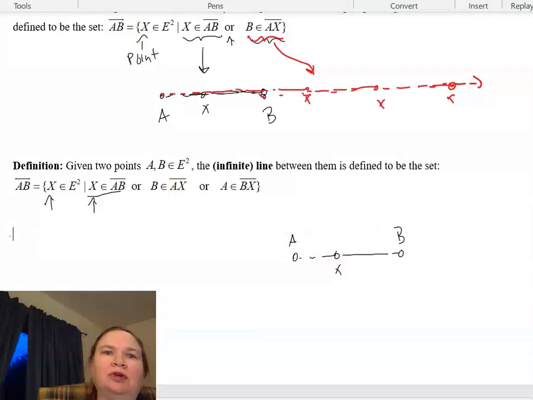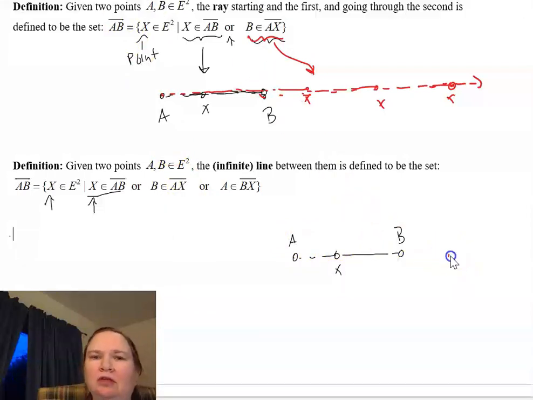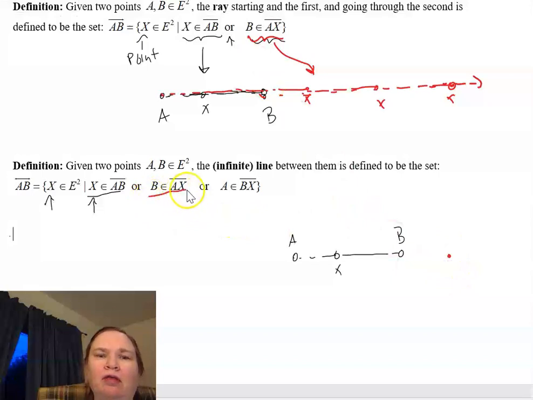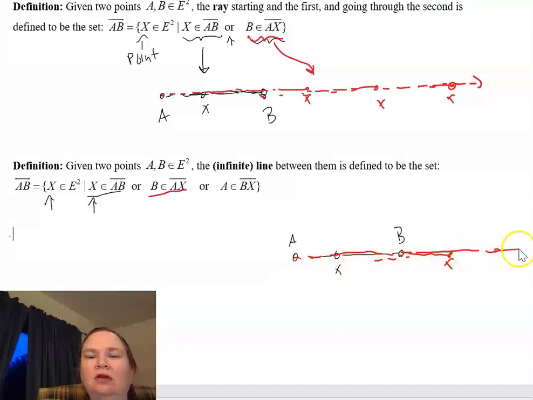And we're also going to include all of the x's where the segment from A to X goes through B, then that's part of the line.